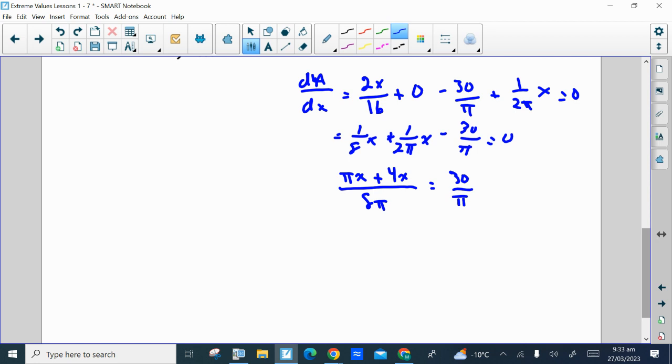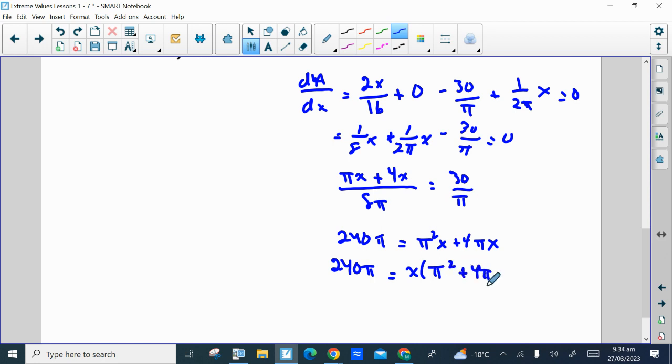When you cross multiply, you're going to get 30 times 8 pi, which is 240 pi, equaling, when you cross multiply the top left by the bottom right, pi squared x plus 4 pi x. And you need to solve for x, which you can do on the right side by taking out a common factor of x, which will give us pi squared plus 4 pi, and then you divide both sides by that.